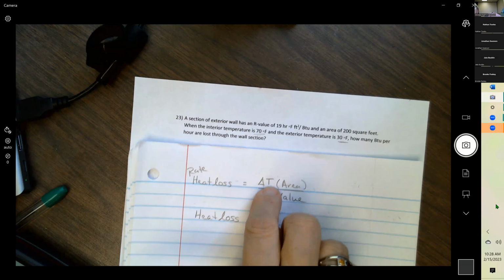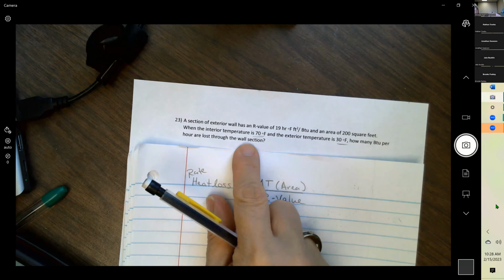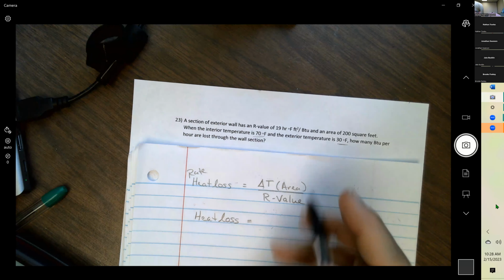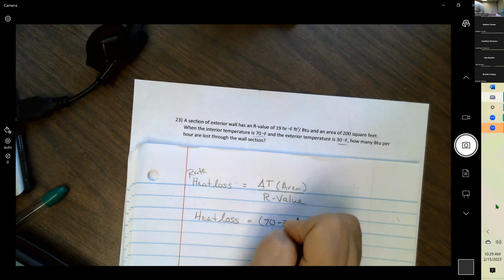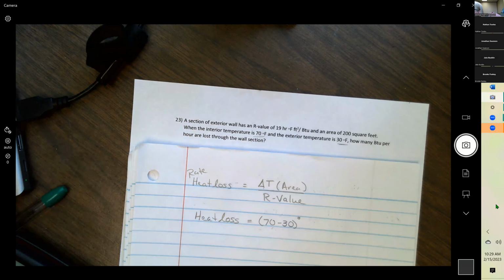Change in our temperatures, outside and inside, 70 minus 30, Fahrenheit.